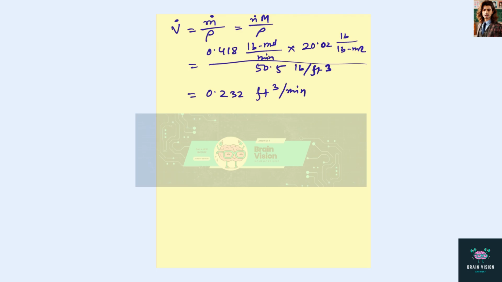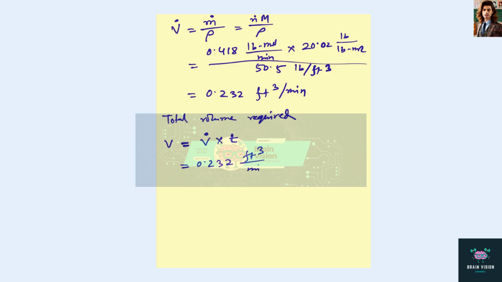The total volume required is the product of the volumetric flow rate multiplied by the total time.